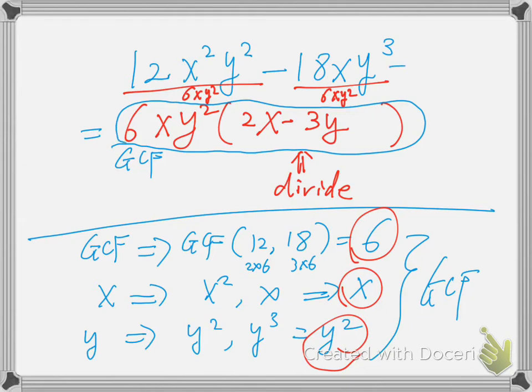If you like, I can rewrite it here. It is the GCF times the quotient, 2x minus 3y. That's our first factoring method. We find the GCF and then we divide. We can rewrite a given expression as a product.